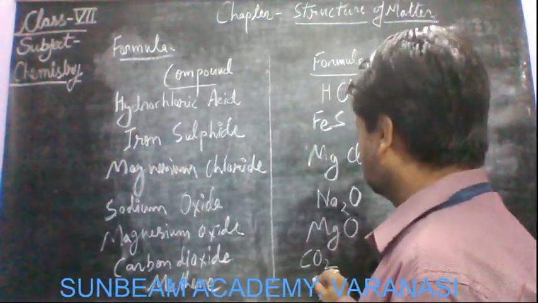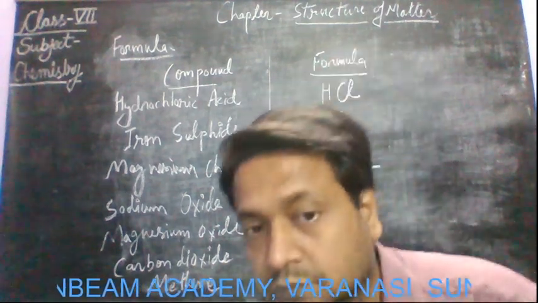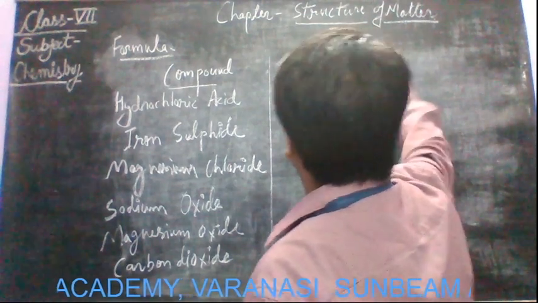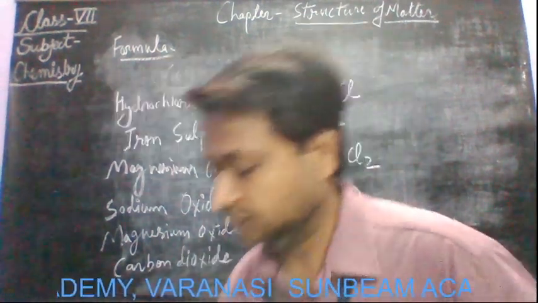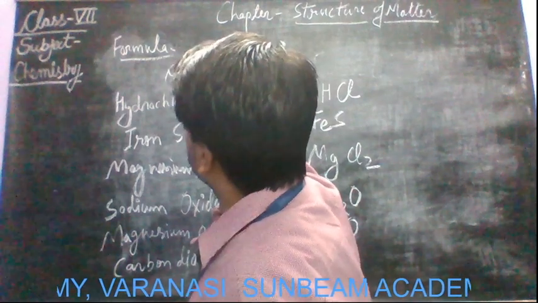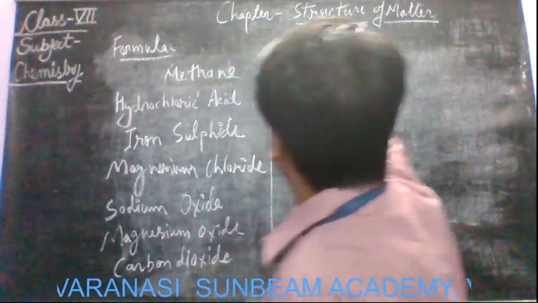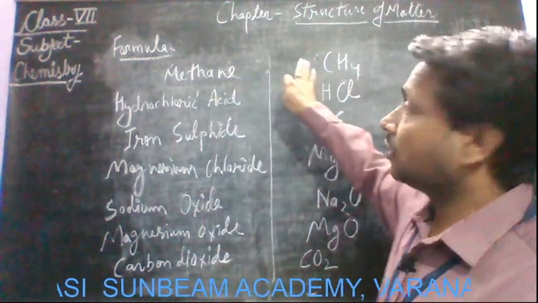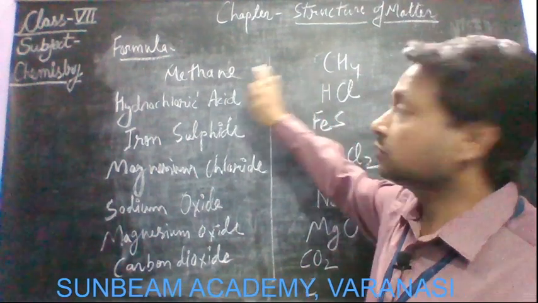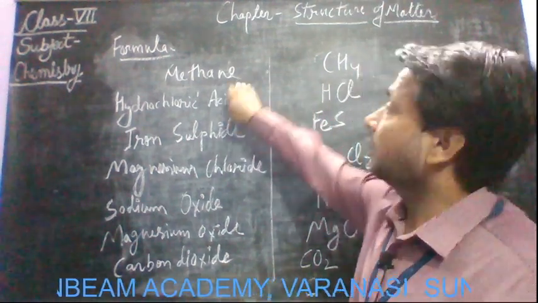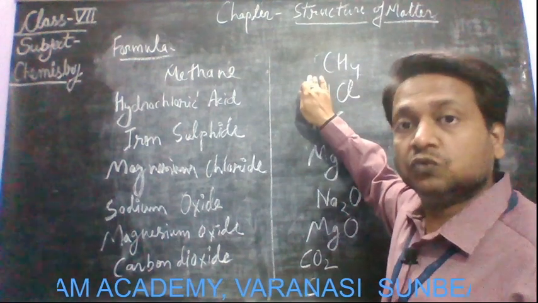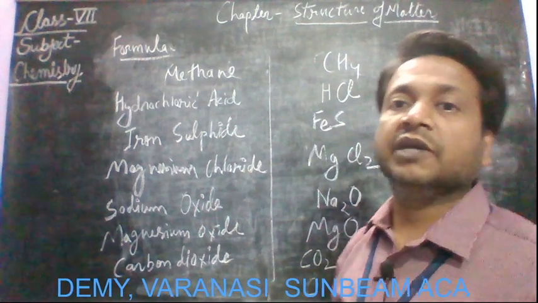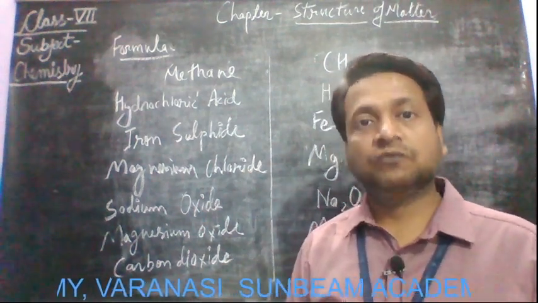Methane. The formula of methane is CH4 because this compound is made up from two different elements, that is carbon and hydrogen, and these two elements are in the ratio 1 is to 4.